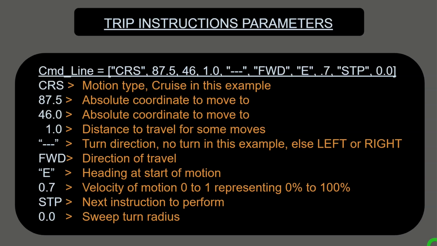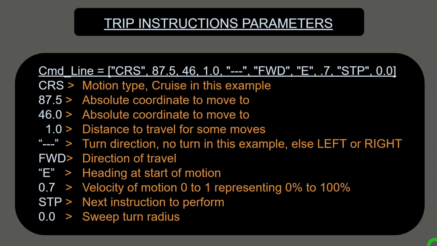Turn direction, in this case, we're just cruising, so there is no direction needed, so it's got just 3 dash marks, but otherwise it would have left or right in that location. The direction traveled is specified with forward, FWD, or reverse, REV.